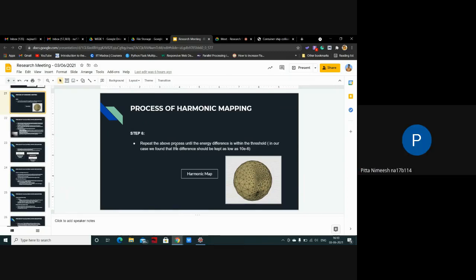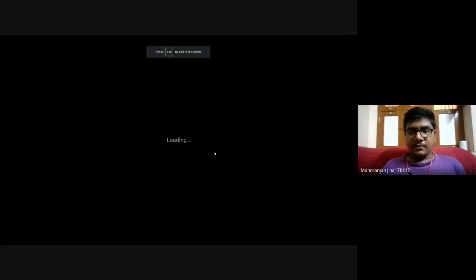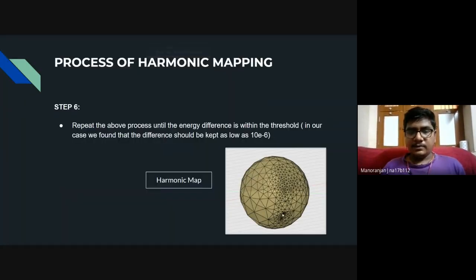It is a complete 3D object that you're taking, that entire 3D surface, and then mapping it onto a sphere. For this particular orientation that I showed before, this was the harmonic map.